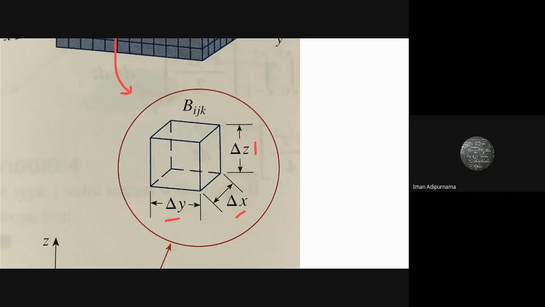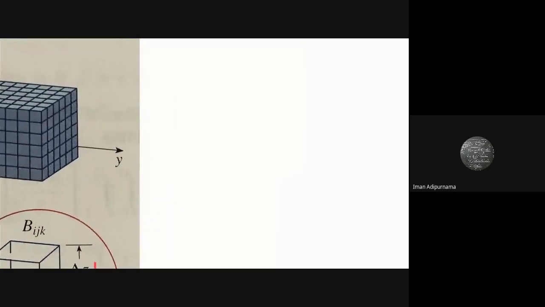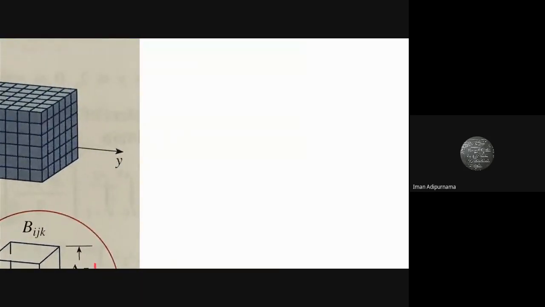So let me add some notes, okay? So we have a closed solid B. Okay, so it is contained in a box.